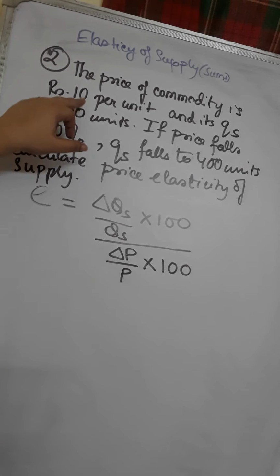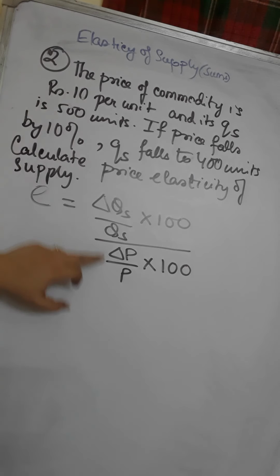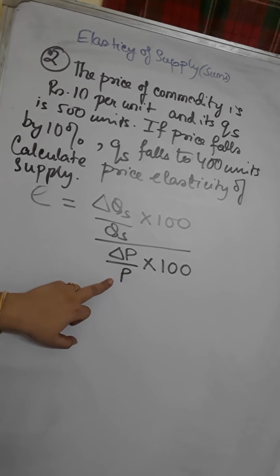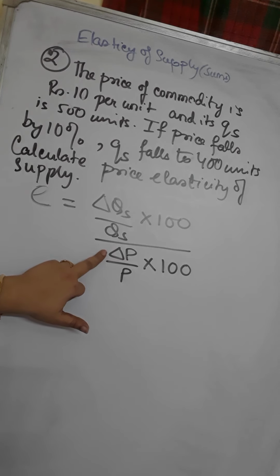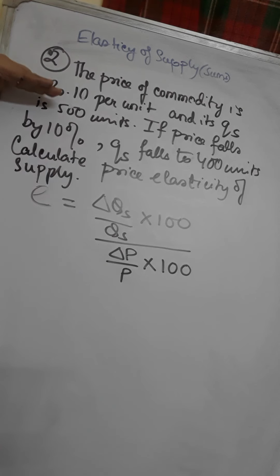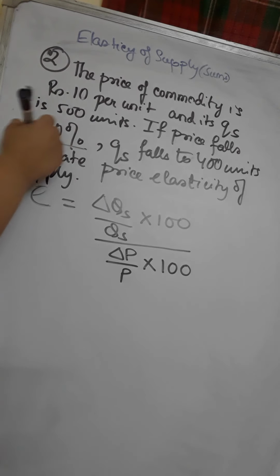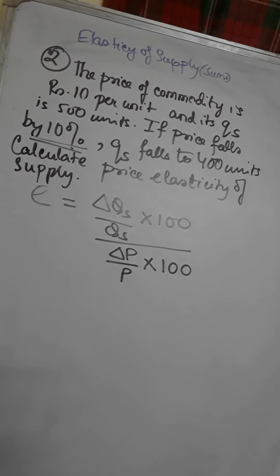The price per unit is given, that means the original price is given. But change in price, can you calculate? No, because for that you need the final price. Suppose from 10 it became 20, so you need both the prices, initial and final. But the final price is not given over here. But what is given? The entire percentage drop in price is given.